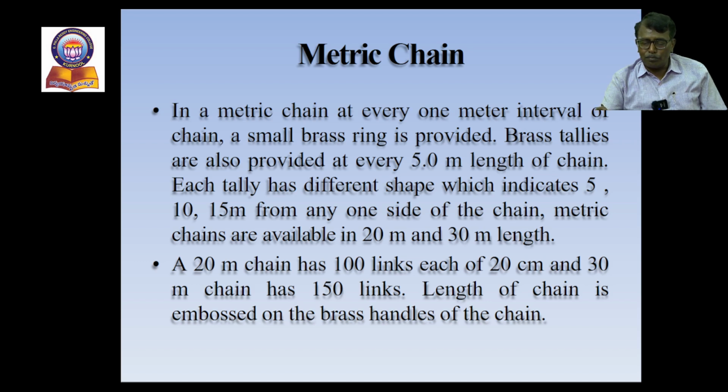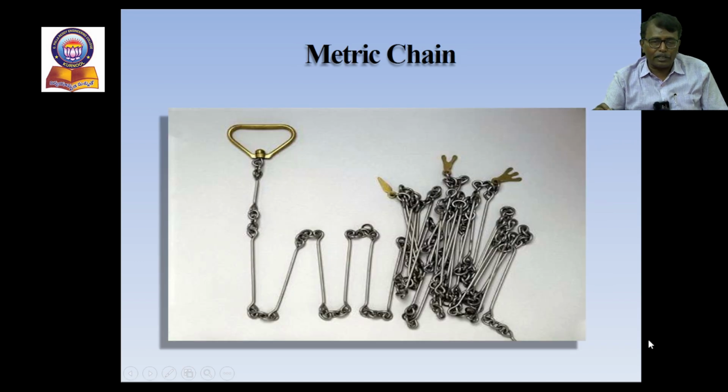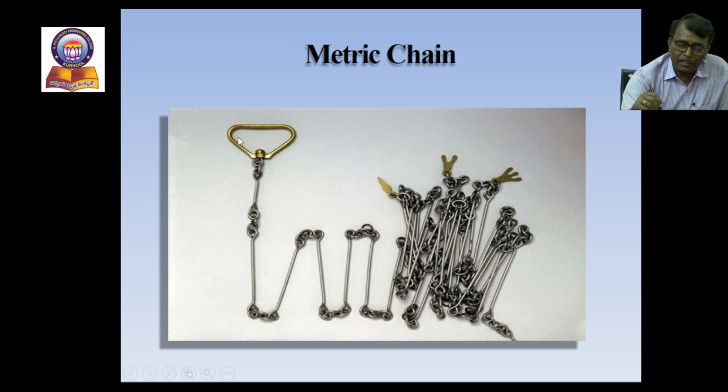Now we'll see an example of a metric chain. This figure shows a brass handle. On this handle, the marking of the length of the chain is there, and this is a swivel joint which we discussed earlier.